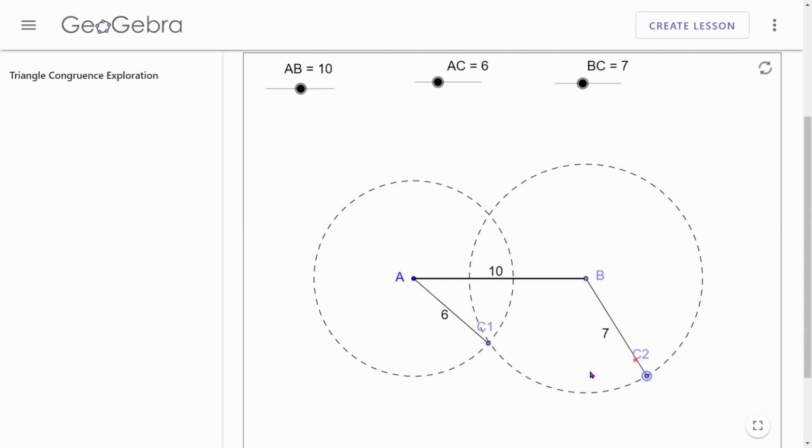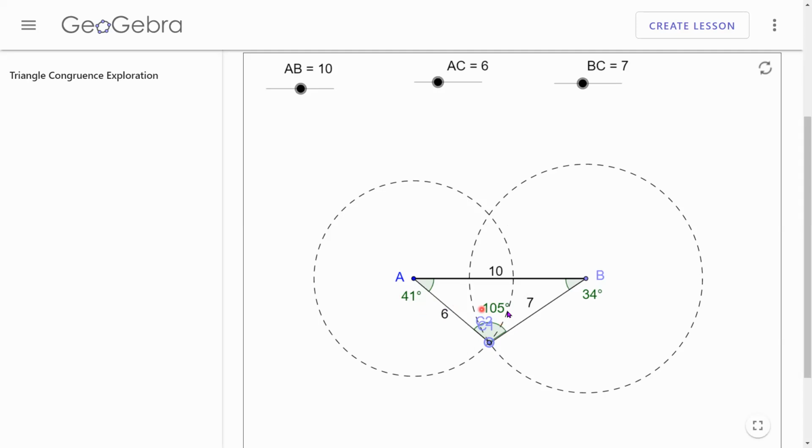So as I flip them around the circle, you see that when they meet, I get another triangle that still is the same triangle.